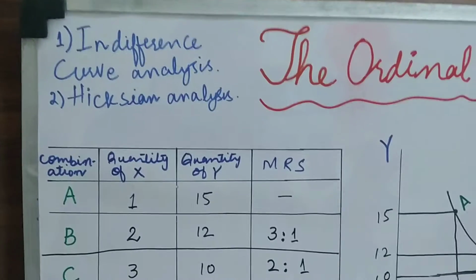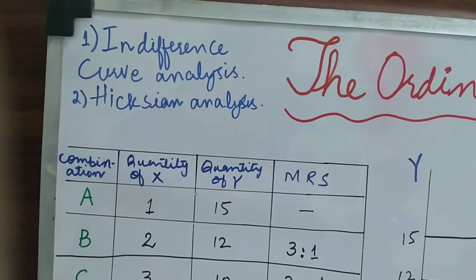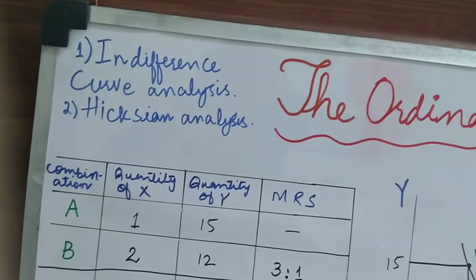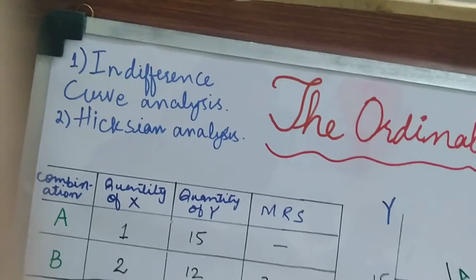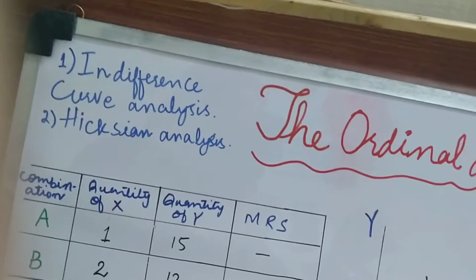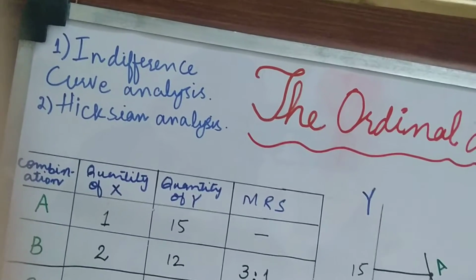Students, in cardinal approach, utility approach, as all of you know, Alfred Marshall says that you can assign numbers to the level of satisfaction or utility, but it is very difficult sometimes. As utility is a mental phenomenon, it becomes very difficult to express utility in terms of numbers.